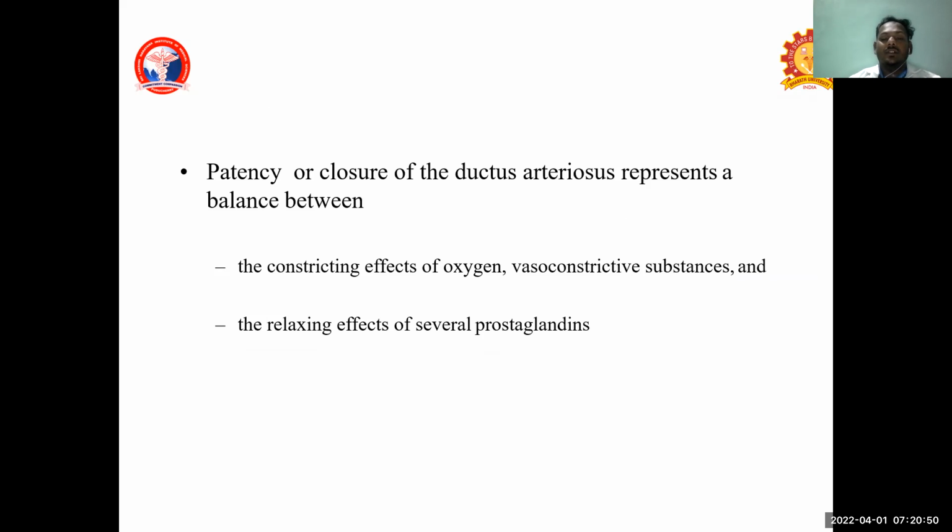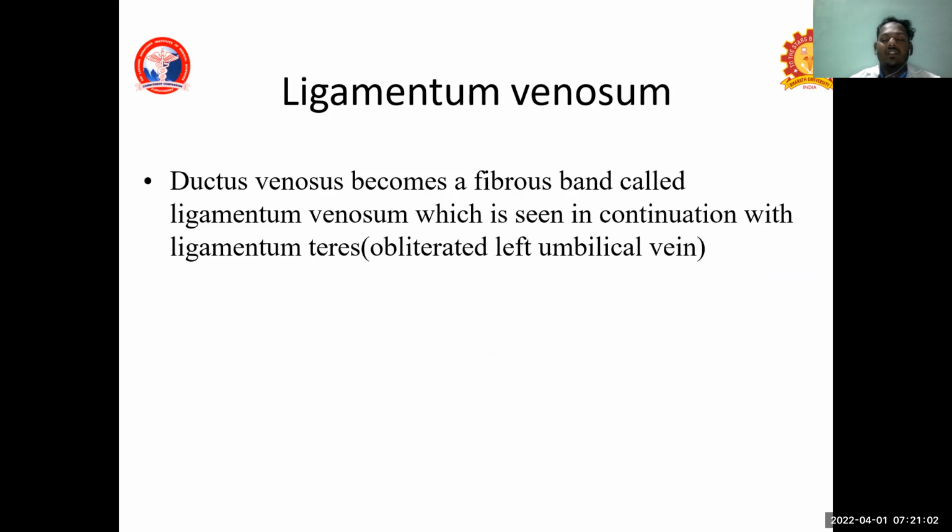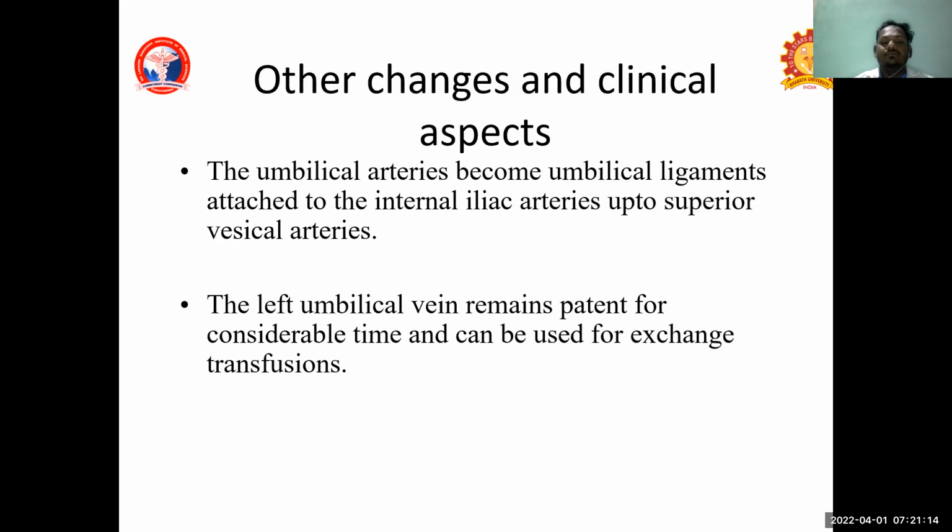Patency or closure of the ductus arteriosus represents a balance between the constricting effect of oxygen and vasoconstrictive substances, and the relaxing effect of several prostaglandins. Ligamentum venosum: the ductus venosus becomes a fibrous band called the ligamentum venosum, which is seen in continuum with the ligamentum teres.